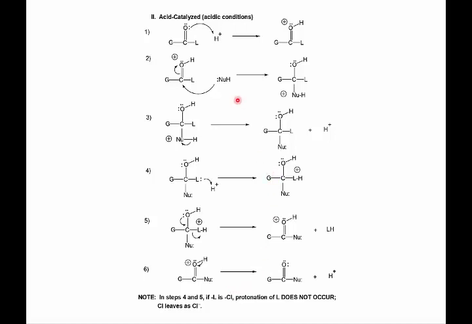Everything else, the carboxylic acids, the other derivatives, whether they're esters, amides, thioesters, in the acidic environment, there's going to be attachment of a hydrogen ion to the L, making it a better leaving group, enhancing its ability to leave, and it then leaves in that next to the last step. And finally, the hydrogen ion is ejected.